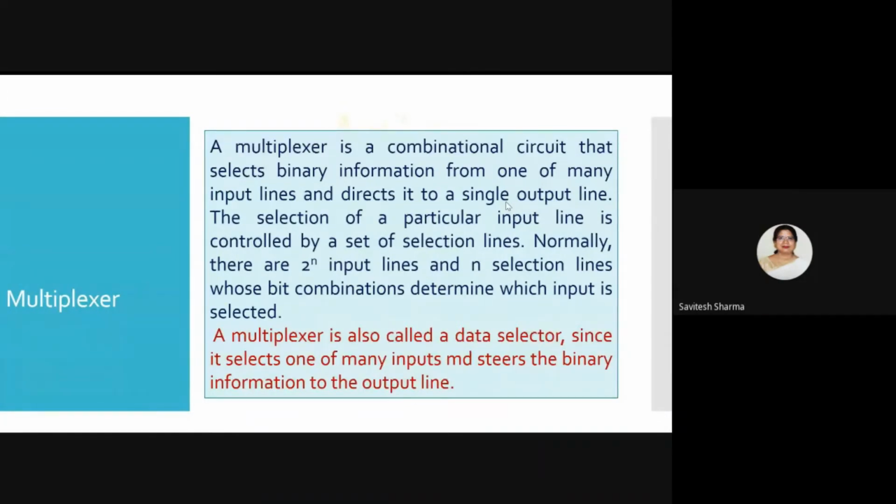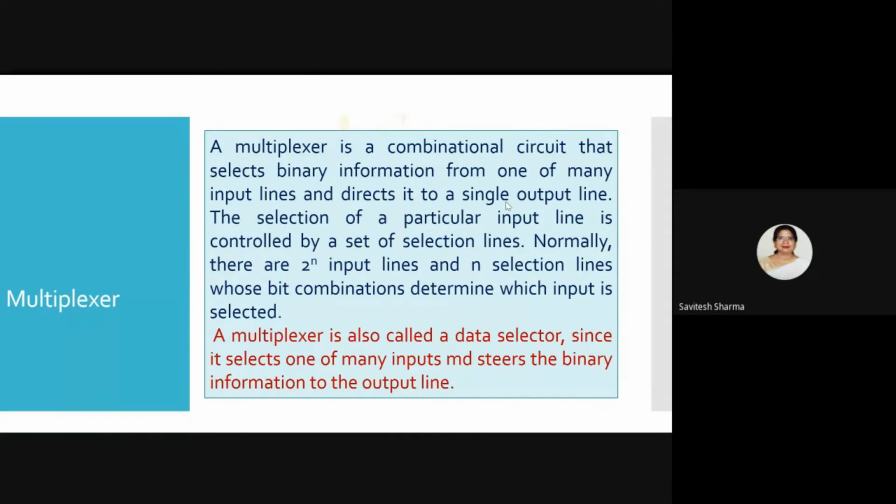It will not store any result. It will not give you output based on past inputs. It only responds to the present input. That is why it is a combinational circuit. It will not include any storage element.